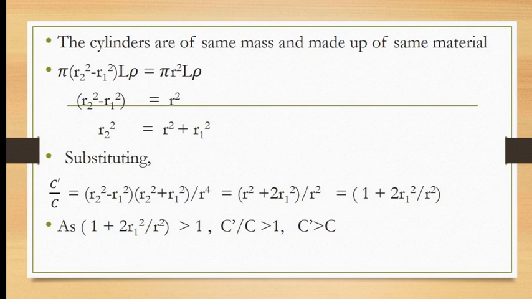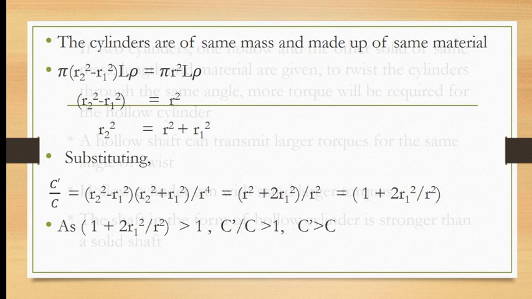If C dash by C is greater than 1, C dash will be greater than C. So that is the result we need. That is, C dash is the twisting couple of a hollow cylinder. Thus, C dash is greater than C.